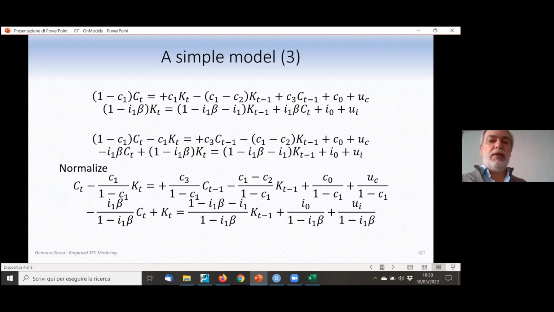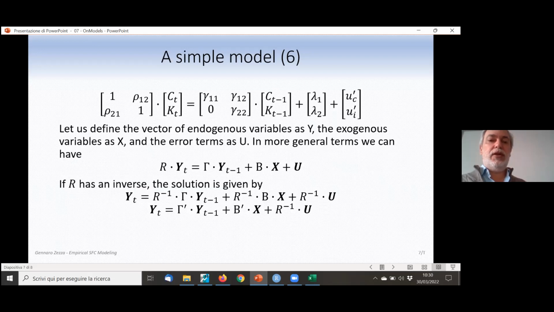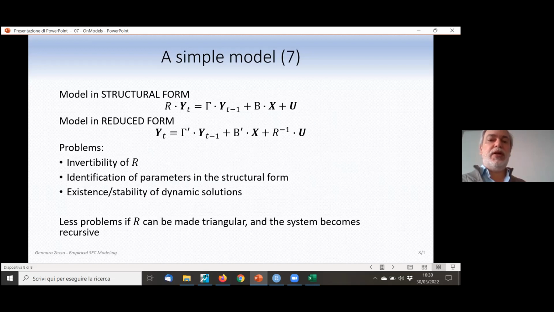And the last thing, which is connected to these stories, is the stability of the solutions. Usually this is more of a problem when you do theoretical models.